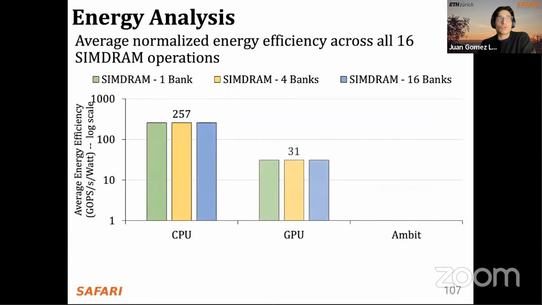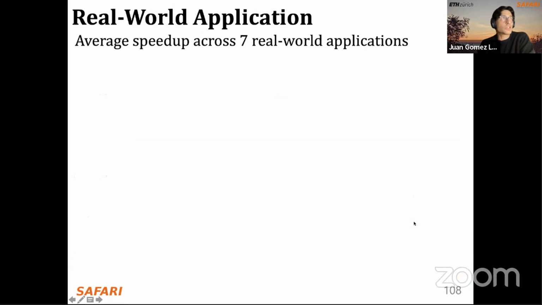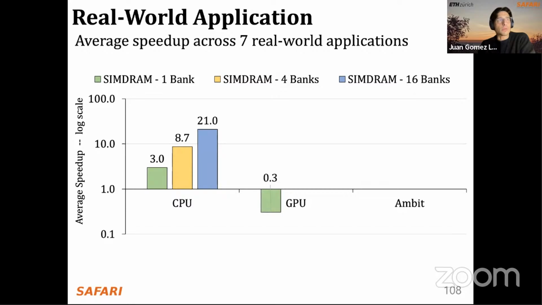In terms of energy, we also see very good improvements in energy efficiency, significant energy savings with respect to CPU, GPU, and also with respect to Ambit. So SIMDRAM is more energy efficient. And then here you see the average speedup of the 3 versions of SIMDRAM with respect to the corresponding baseline.